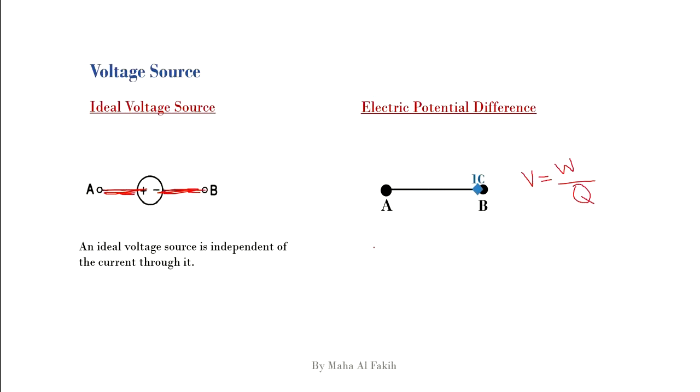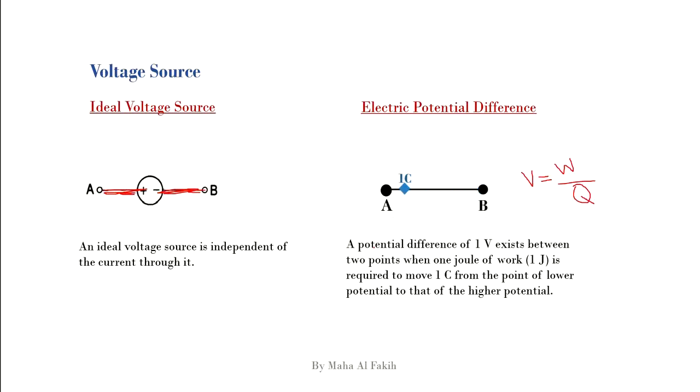The unit of electric potential is called the volt. A potential difference of 1 volt exists between 2 points when 1 joule of work is required to move 1 coulomb from the point of lower potential to that of higher potential. Lower potential means more negative charges, however, higher potential means more positive charges or less negative charges.